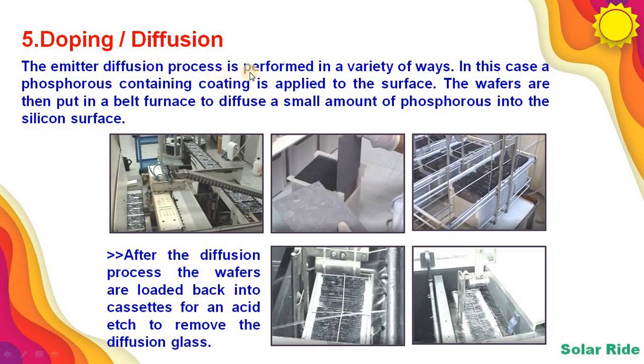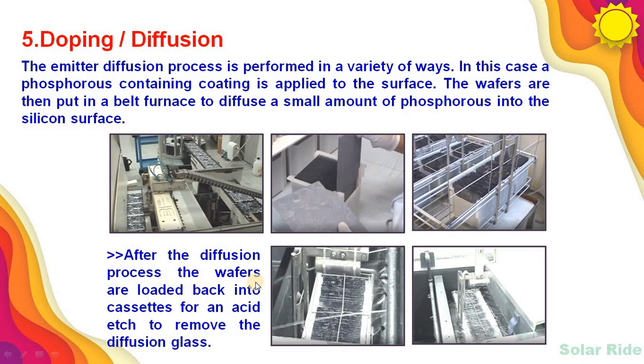The emitter diffusion process is performed in a variety of ways. In this case, a phosphorus containing coating is applied to the surface, and boron also. The wafers are then put into a belt furnace to diffuse a small amount of phosphorus into the silicon surface.